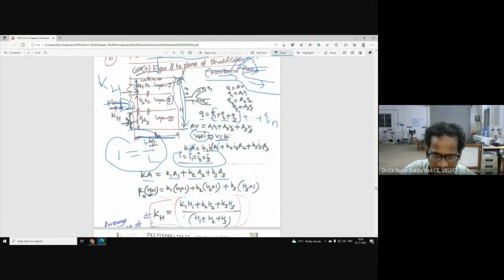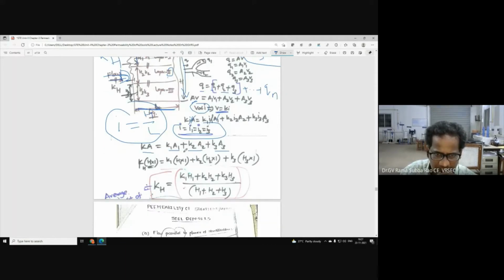Discharge is equal to area into velocity, where V is equal to Ki. The i's get cancelled. Now KA is equal to K1 A1 plus K2 A2 plus K3 A3.